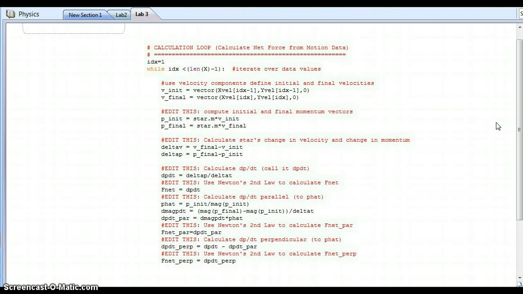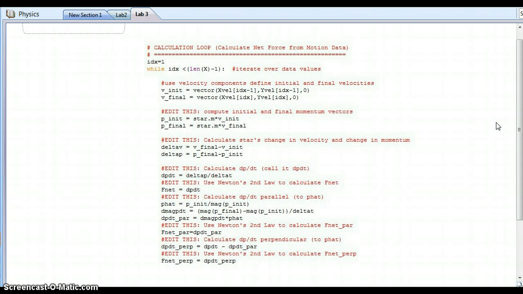These values can be used to compute delta v and delta p. dp/dt is then calculated by setting it equal to the change in momentum over the change in time. According to the momentum principle, Fnet equals dp/dt, so we set Fnet equal to this value.